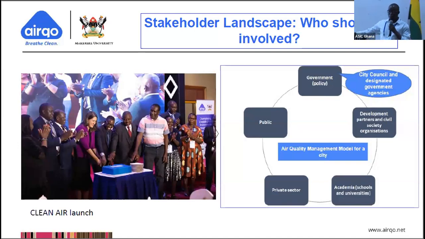The private sector, if you can work with the private sector, that's also wonderful. And then the general public. So now, if you map all these different stakeholders, including the government, we believe that you can get a good picture of that particular city that you are in.